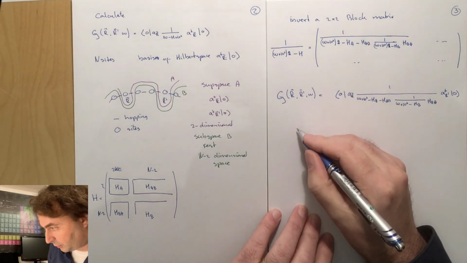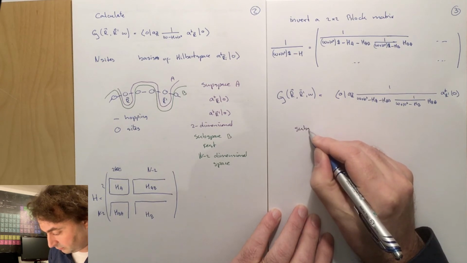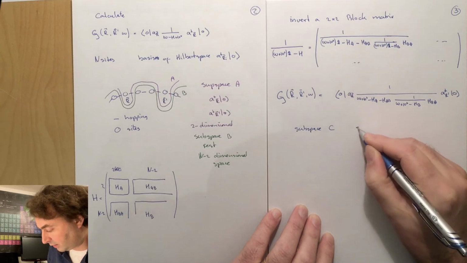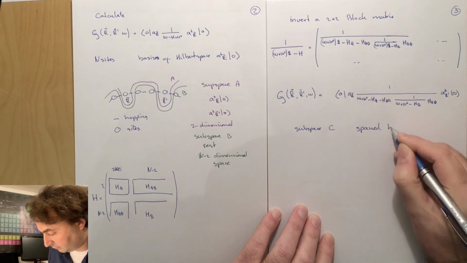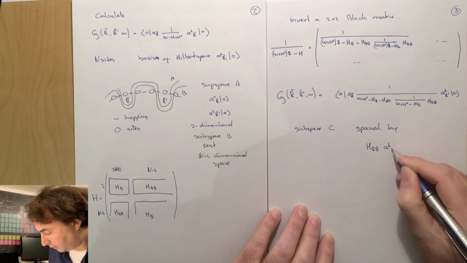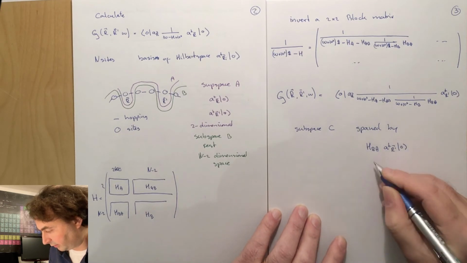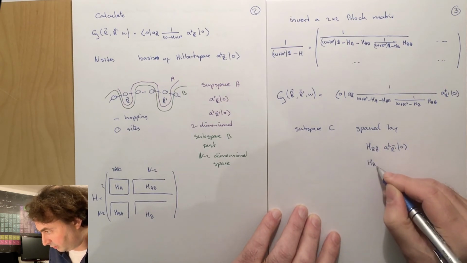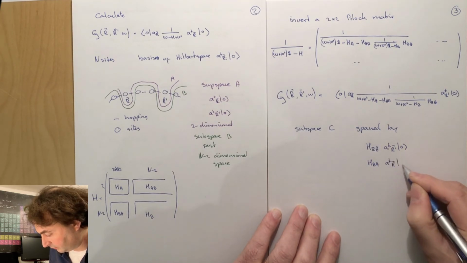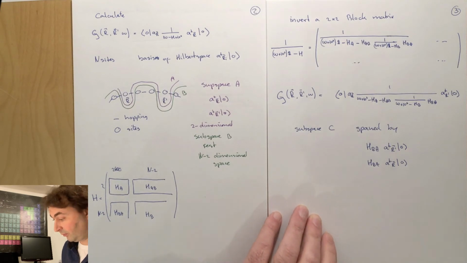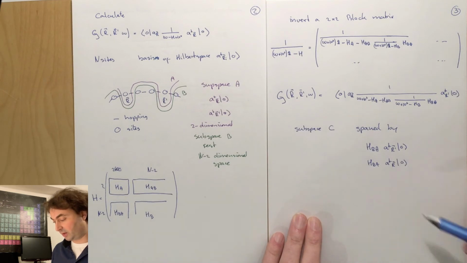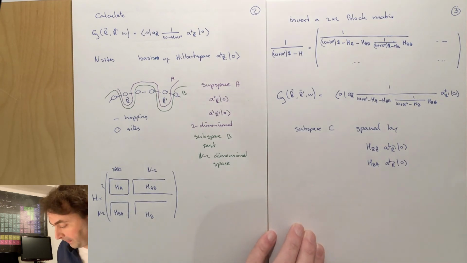So we can define a subspace C. And the subspace C is spanned by the states HBA, A dagger R prime out of 0, and HBA, A dagger R out of 0. This gives you two states, and you might have to orthogonalize them to the original states A dagger R and A dagger R prime.